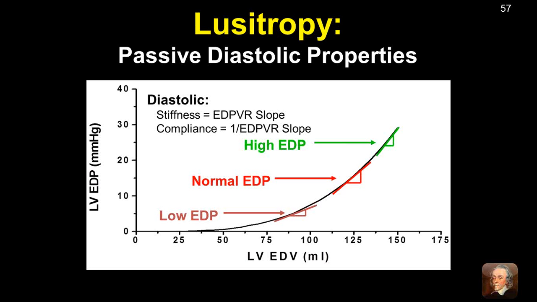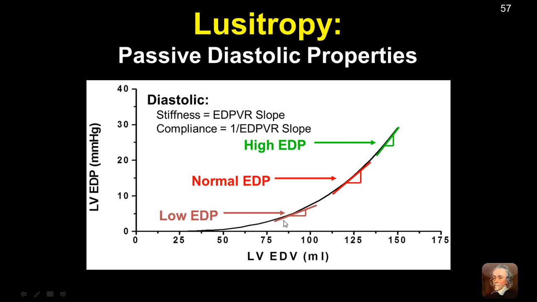And that's mainly because the relationship is nonlinear, and therefore you can't define it by a simple parameter like the end systolic elastance, which describes the performance at end systole no matter what the loading condition is. The problem with diastole is that the mechanical properties of the heart depend on the loading conditions.